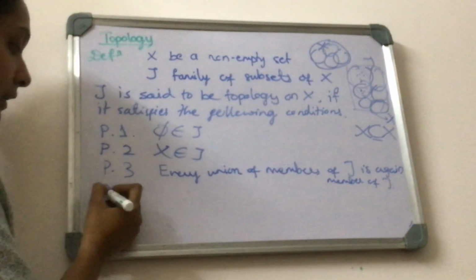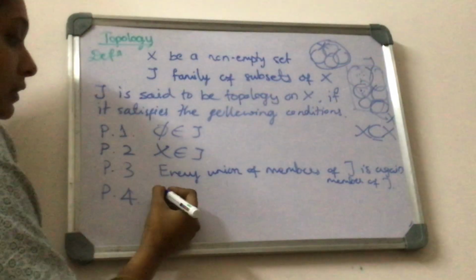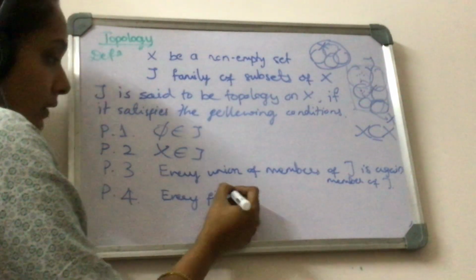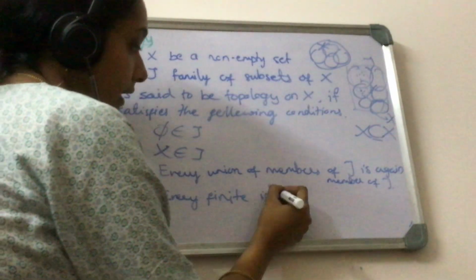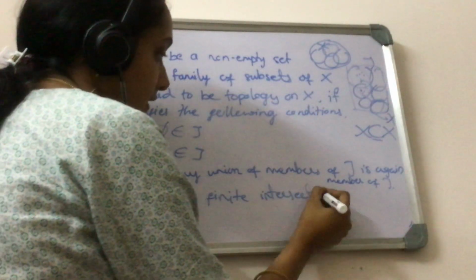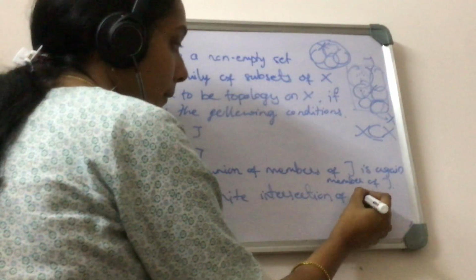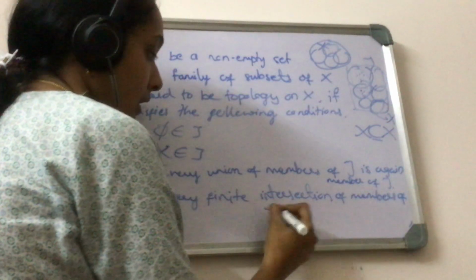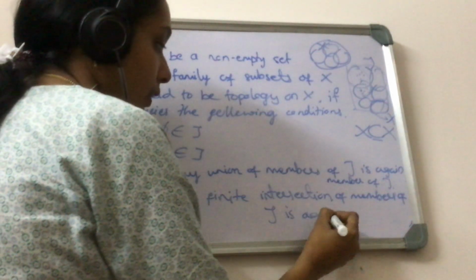Okay, every finite intersection of members of tau is again a member of tau.